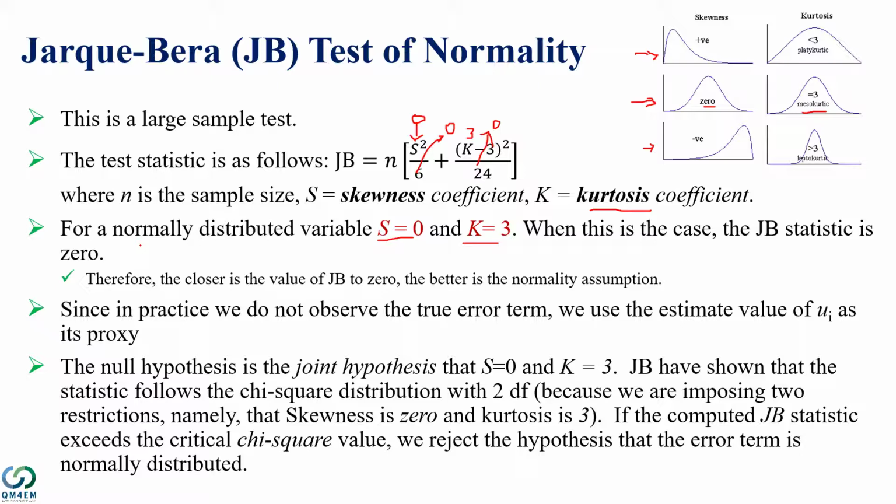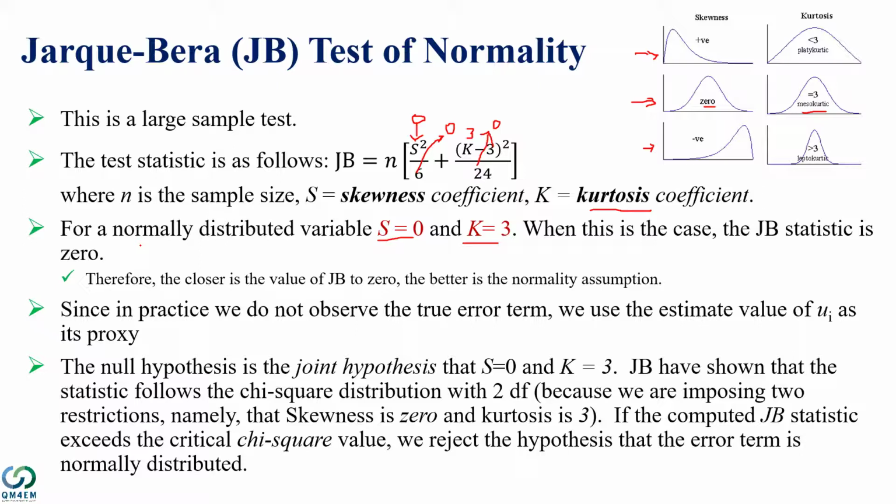So the chi-square distribution with 2 degrees of freedom is used to test the JB value being equal to 0 or not. If the test statistic value does not reject the hypothesis, that means the error term is normal, otherwise it's not. So that's the JB or Jarque-Bera test for normality.